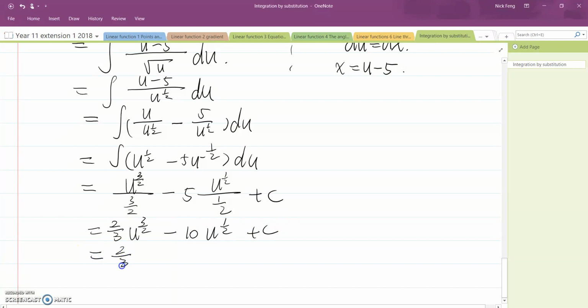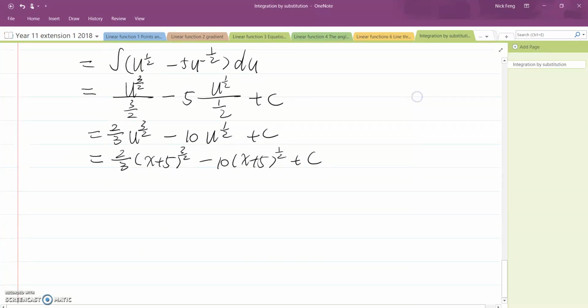Substituting back in, u is x plus 5. And if I put it back into the square root form, there should be the square root of x plus 5 to the power of 3 minus 10 times the square root of x plus 5, plus c.